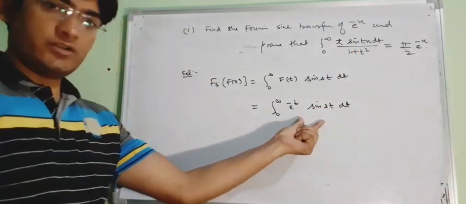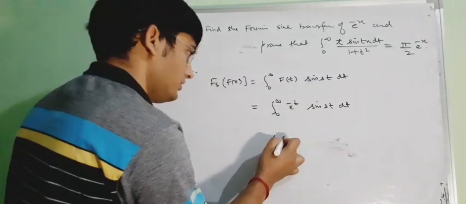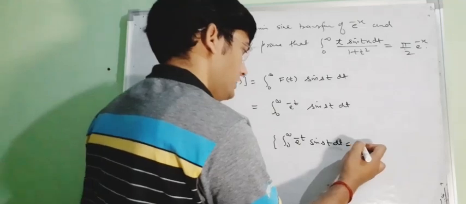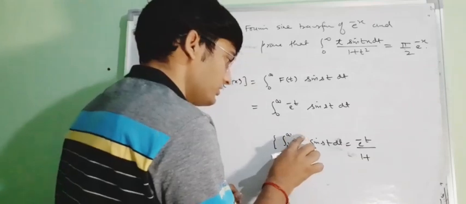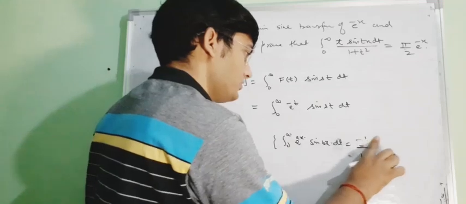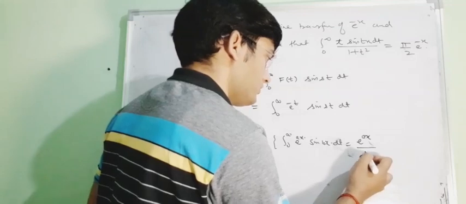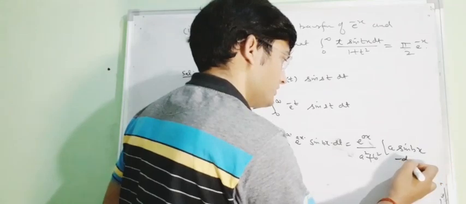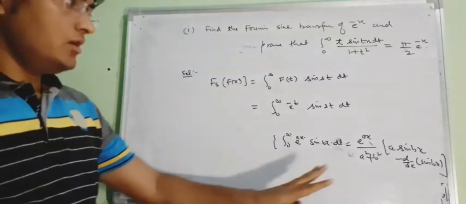Now we have the direct result of this integral. I am writing the general formula: the integral of e to the power ax sin bx is e to the power ax upon a square plus b square, times a sin bx minus the differentiation of sin bx, which is b cos bx. So this is your formula.